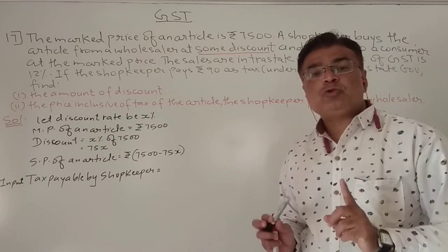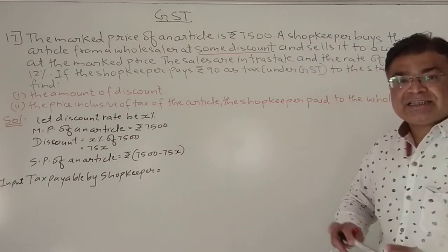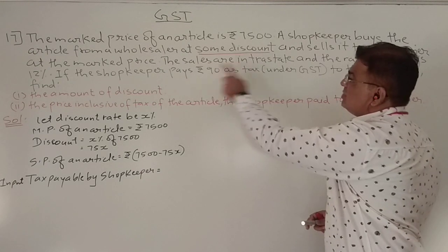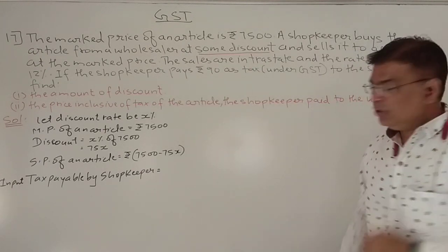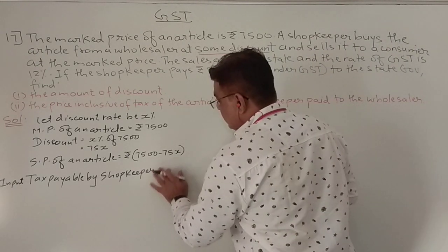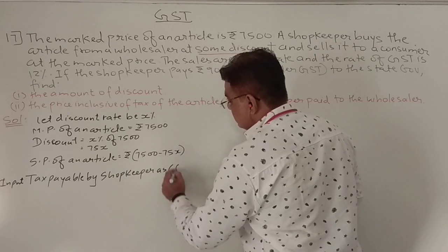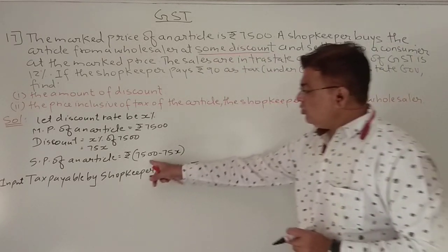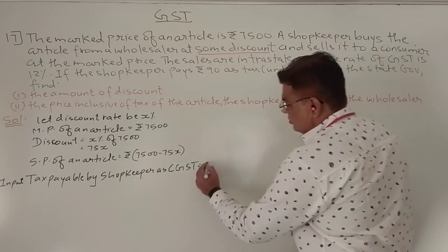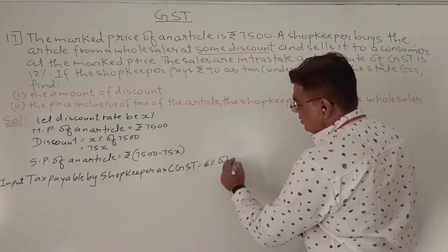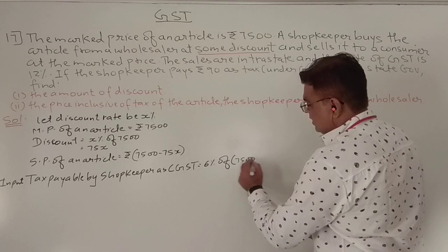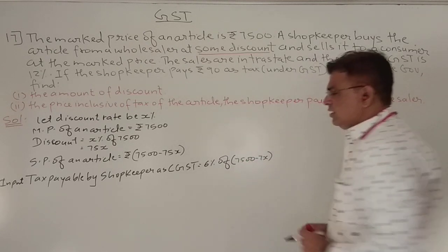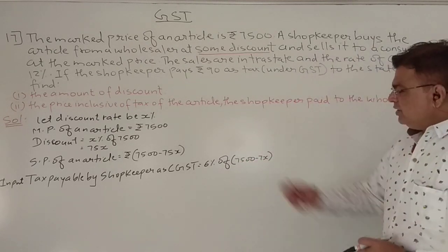Students, first of all you have to see whether it is interstate or intrastate. It is an intrastate transaction, so GST will be equally divided. So input tax payable by the shopkeeper as CGST will be how much? 6% of 7,500 minus 75X. Now let us solve this.